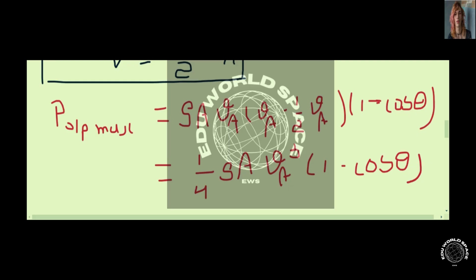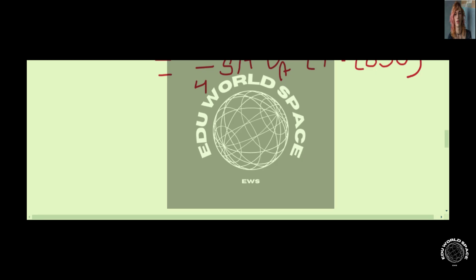Now the input power is the rate of supply of kinetic energy to the stream. So I can write the input power P in is equal to 1 upon delta t times one half delta m V_A square.